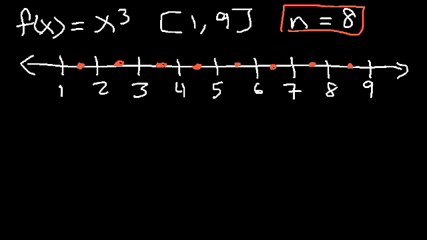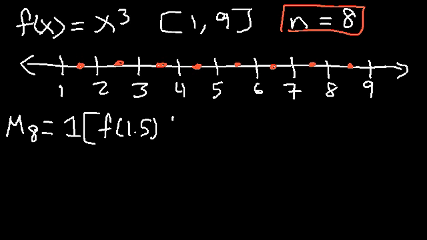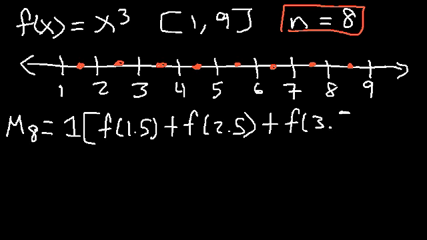So let's begin. M of 8 is equal to delta x, which is 1, times the sum of all the y values. So that's going to be f of 1.5 plus f of 2.5 plus f of 3.5 plus all the way up to the last one, f of 8.5.